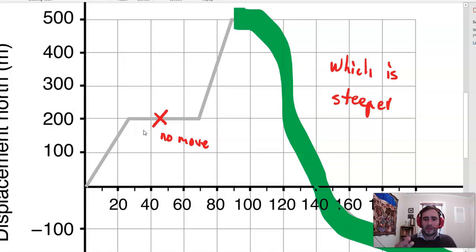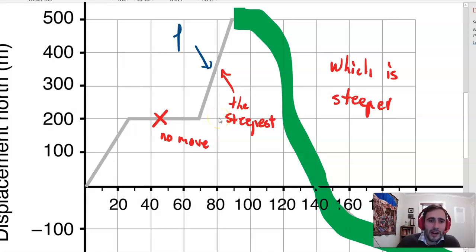And by steepness, I mean, is it flat or is it super steep? And you probably can see that this is the steepest, right there. And steepness means it's the fastest, okay? This is the fastest. The steeper the line, the faster it is.